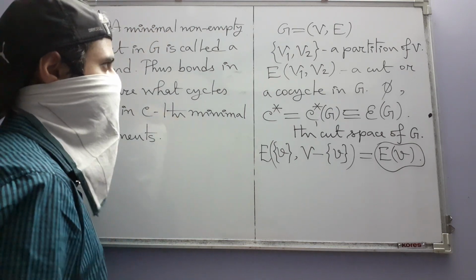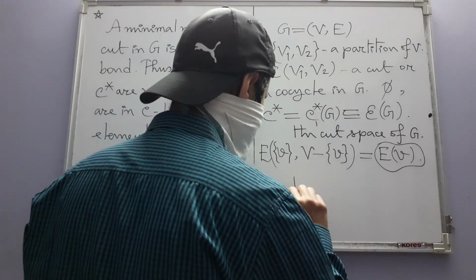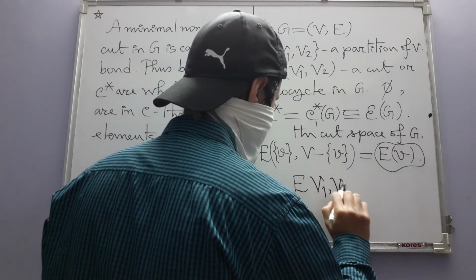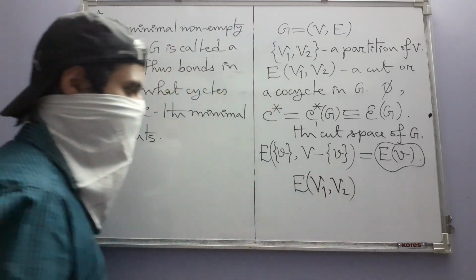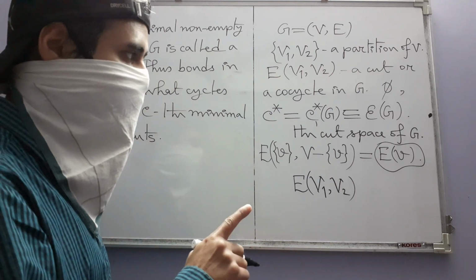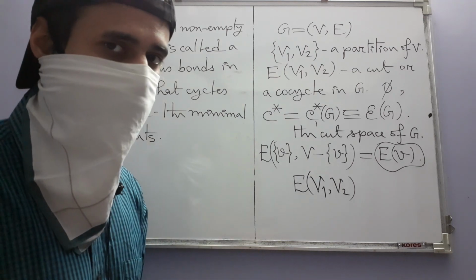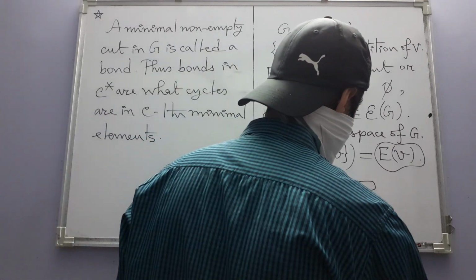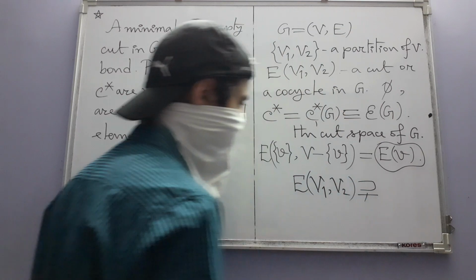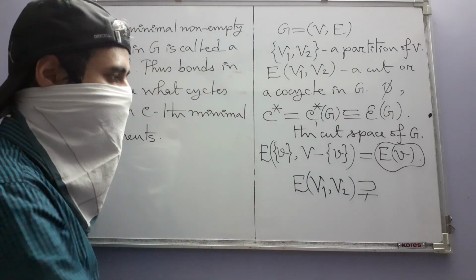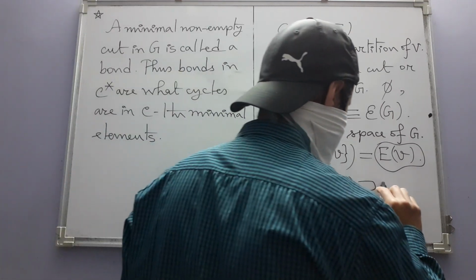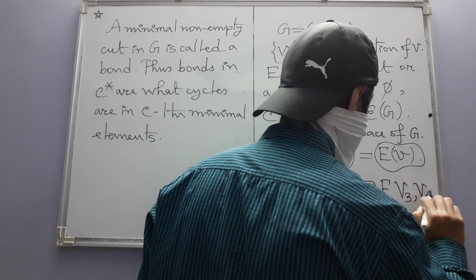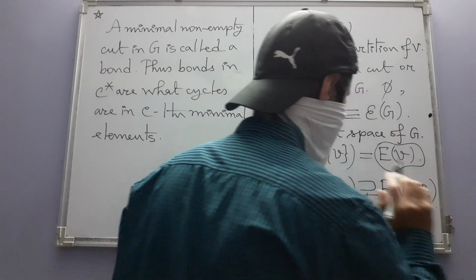Minimality means this. Say we are saying that a cut is minimal if you do not have another cut in the same graph that is properly contained in this cut, possibly with a different partition of the vertex set.